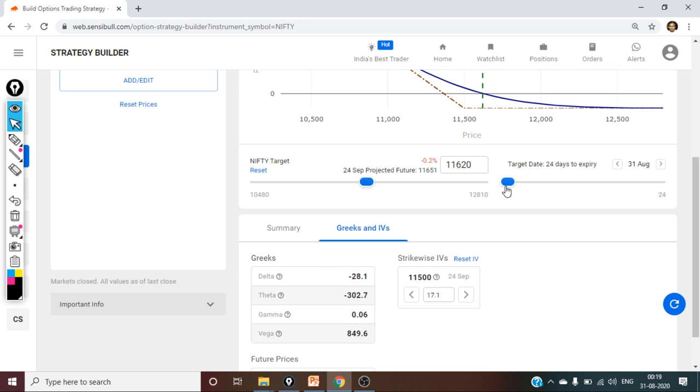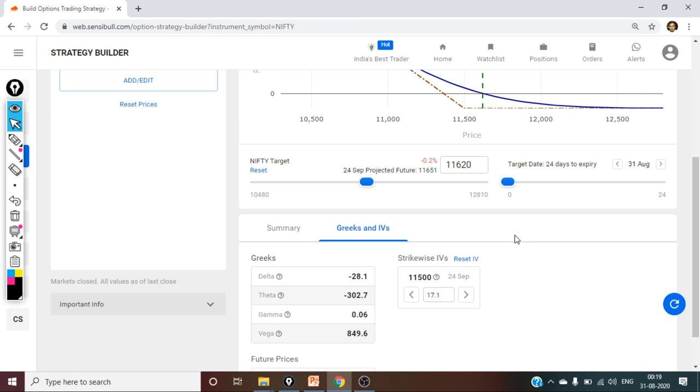Right now theta is 300 rupees. It indicates that each and every day you are going to lose 300 rupees if the stock stays where it is and implied volatility stays where it is.